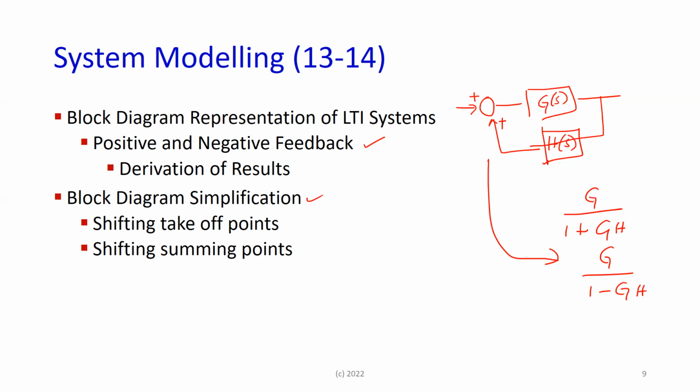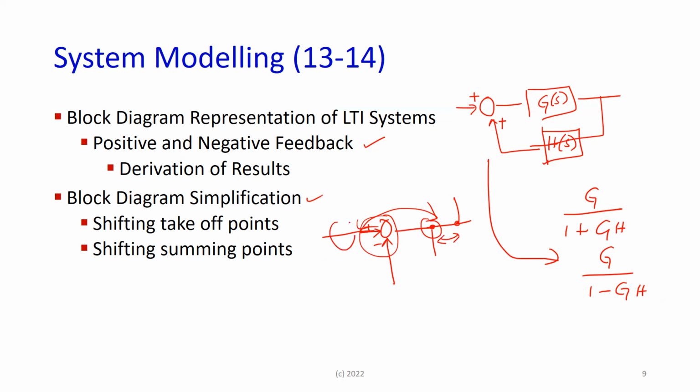If you have a summing junction and a takeoff point, where this is coming from somewhere and this is coming from somewhere else, you can't swap the order of summing junctions and takeoff points. But you can move these before and after blocks. You can swap the order of takeoff points.